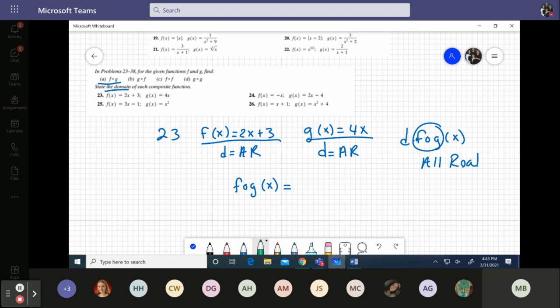I have got to put g of x inside of f of x. Every place there's an x, I need to replace it with my g of x. So I have 2 times 4x plus 3. Simplifying gives me 8x plus 3. Okay?